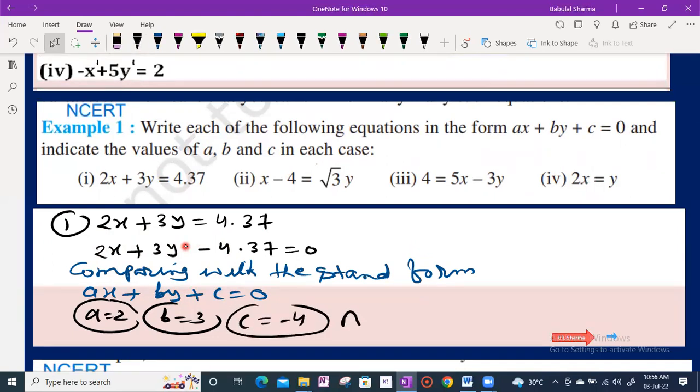So that is the answer of the first part of this question. ये हुआ हमारा standard form, that is the standard form. 2x plus 3y minus 4.37, that is equal to 0. ये standard form हुआ. Question में ये भी है कि हमें we have to find out the value of a, b and c. A will be 2, B will be 3, and C will be 4 in this case.